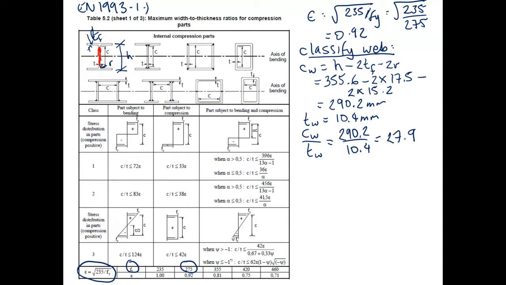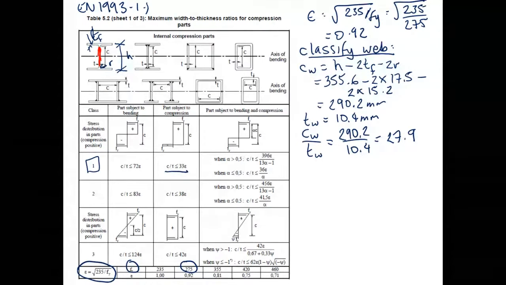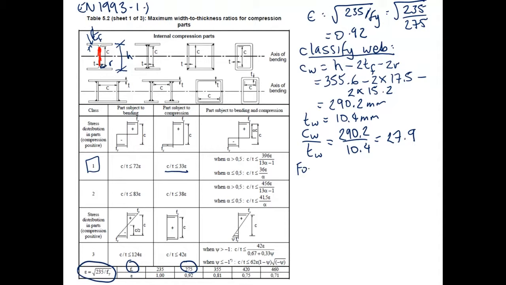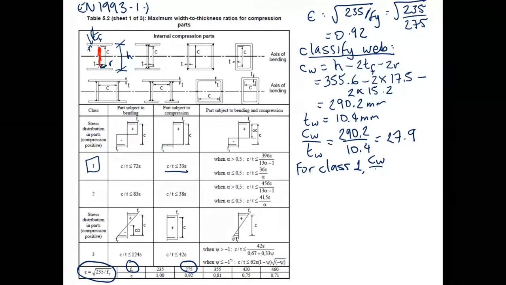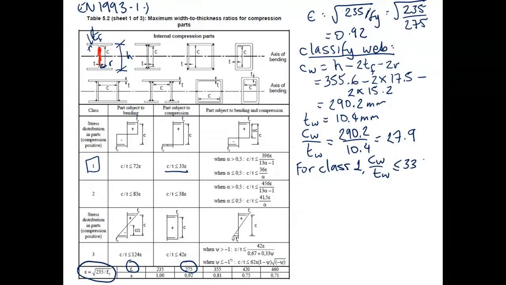Okay. So it's 27.9. So if we want to have a class 1 web, then the C over T ratio has to be less than or equal to 33 epsilon. So for class 1, C of web over the thickness of the web is less than or equal to 33 epsilon, which is 33 times 0.92, which is 30.5, which it is.